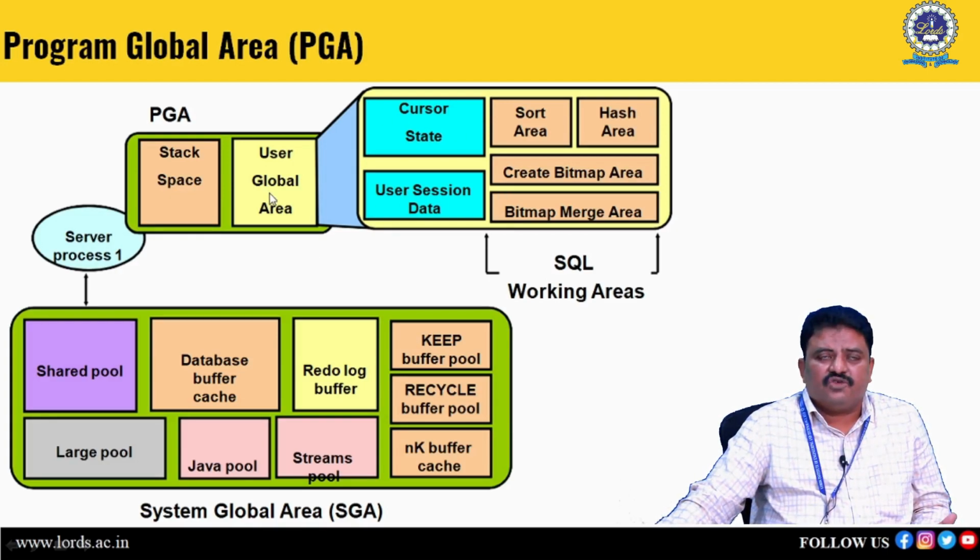The server process basically consists of these things: the cursor state and the user session for that particular user. If you are performing any sort operations, we have the sort area, and for indexes, bitmaps or hashing to combine two tables, we have a hash area. So for common data we have the SGA, and for a single user we have a PGA.